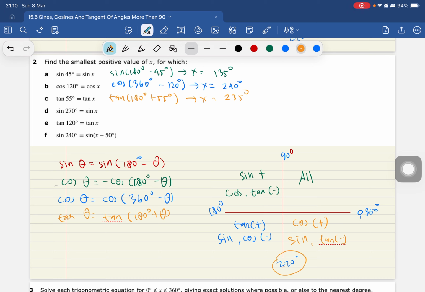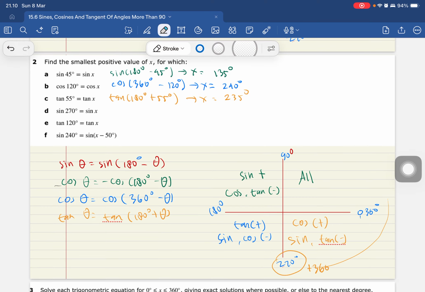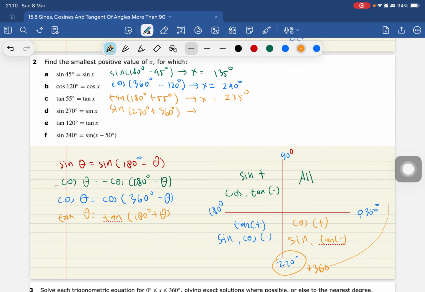Now is sine 270. This is the sine of 270, which is -1. So we can just go around one more time. We add 360 to make it an equal value. So sine 270 plus 360, the smallest positive angle x is going to be 630 degrees.